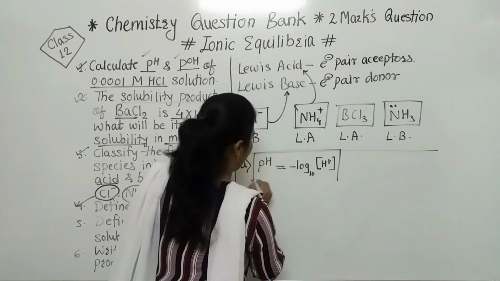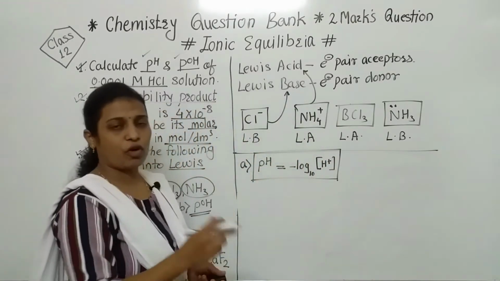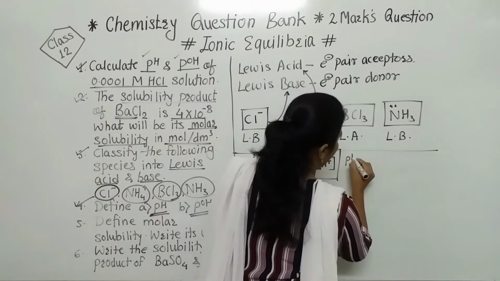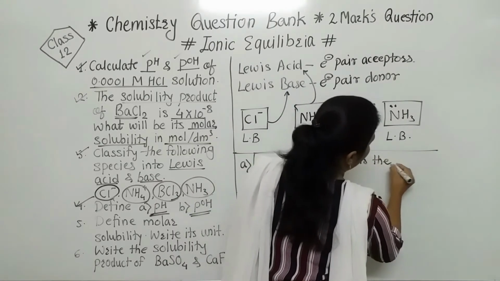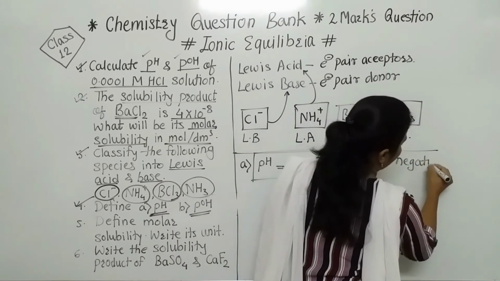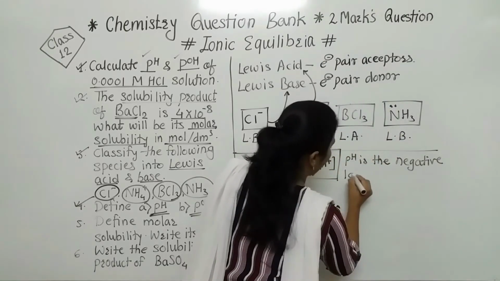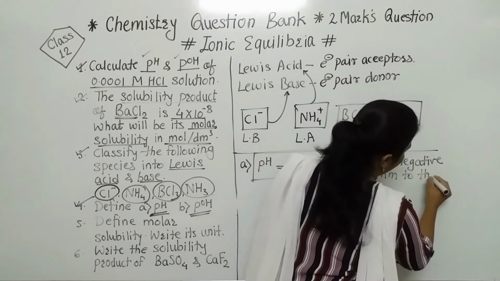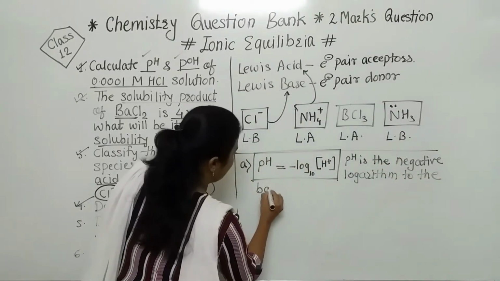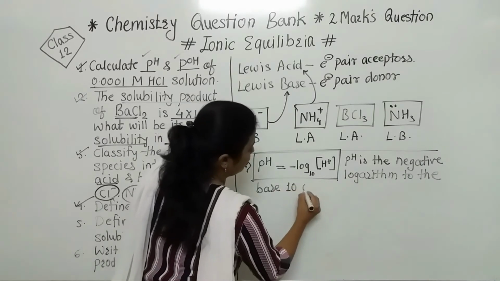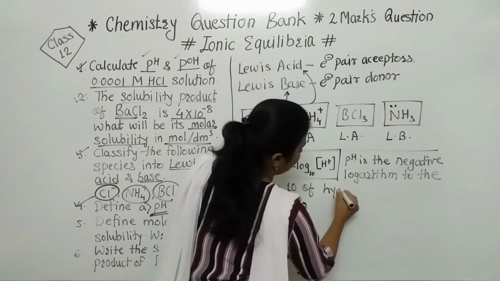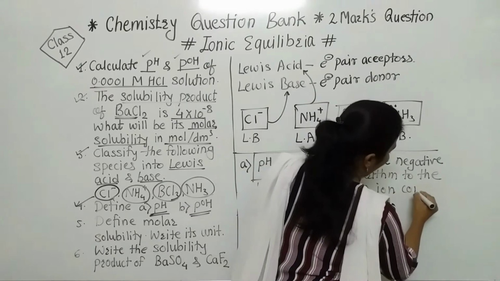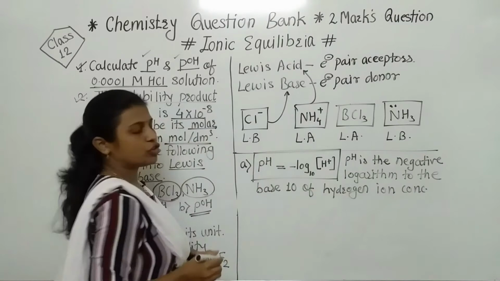From this formula we can write the definition also. pH is the negative logarithm to the base 10 of hydrogen ion concentration. So this is the definition of pH.